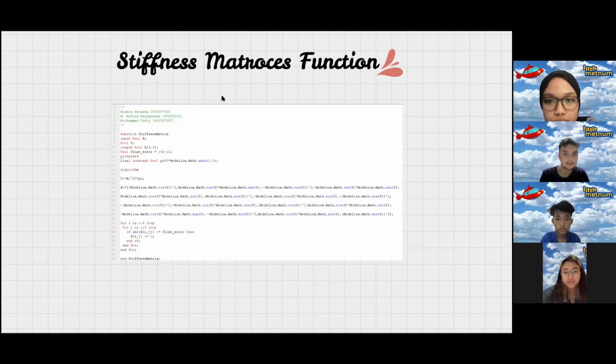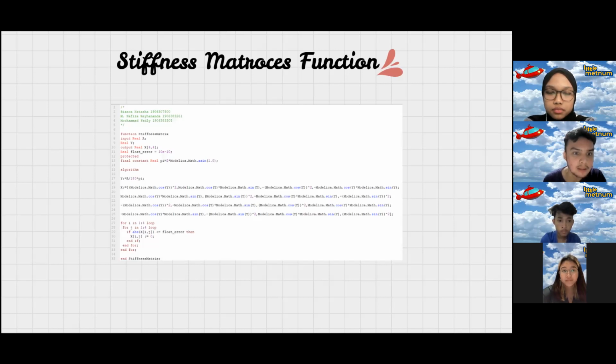Then the stiffness matrices function. For the function stiffness matrix, we have to input real A and real Y, and then we get the output real X for 4.4. Then we get the real float error equal to 10 to the power of negative 10.